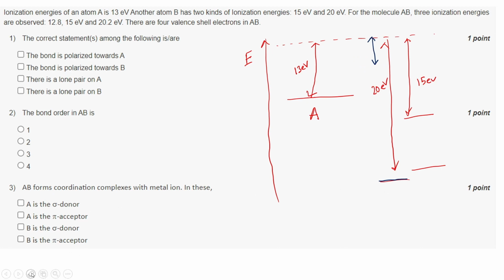Okay, I got what they have done. Did you get the idea of what they have done? So this is actually the 12.8. There is some increase from here, and they are saying this is actually a non-bonding MO, right? Because it also has 15 electron volt.